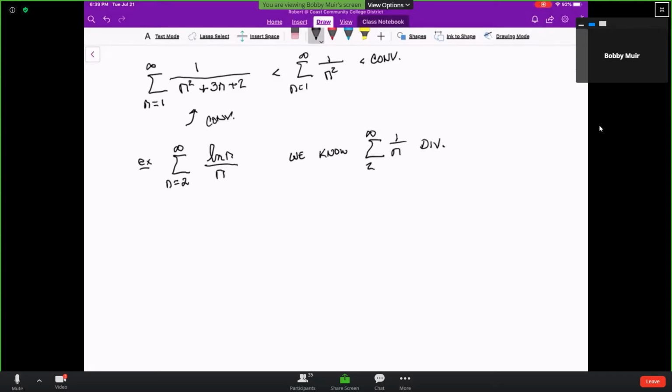We know that much. That's the harmonic series, right? So what's going on with the numerator? Well, I'm starting the sum at 2. So what's the natural log of 2? Some fraction. But what's the natural log of 3?